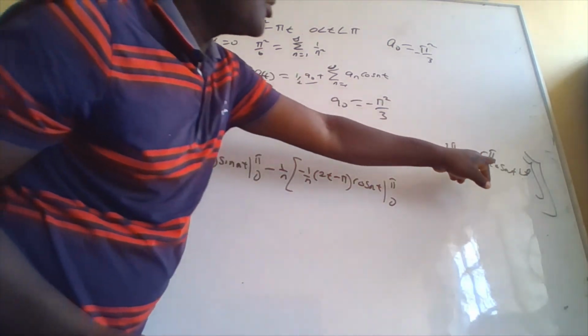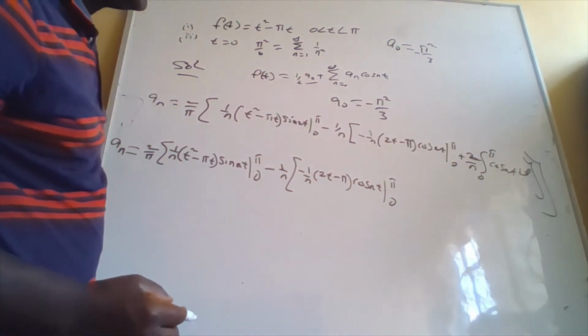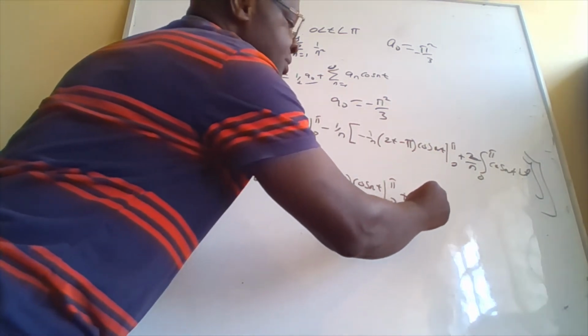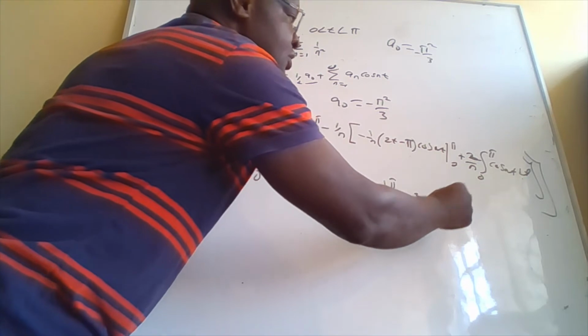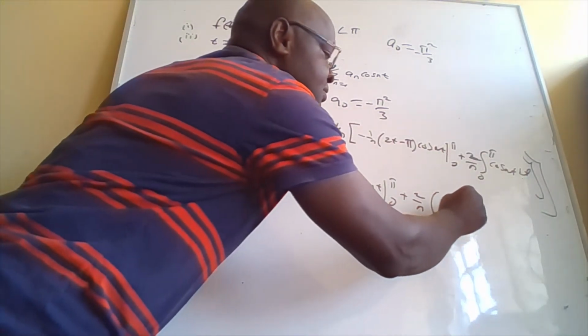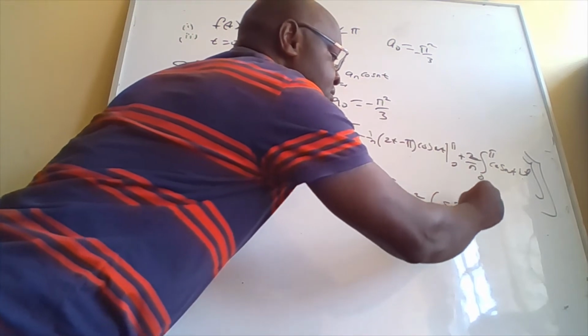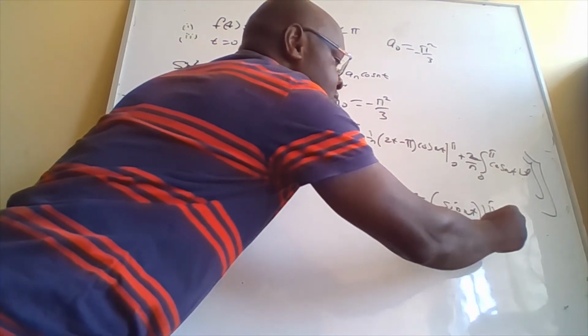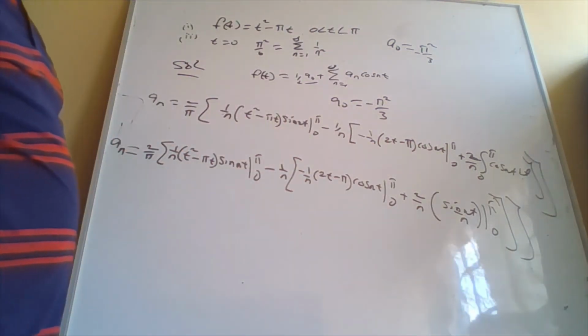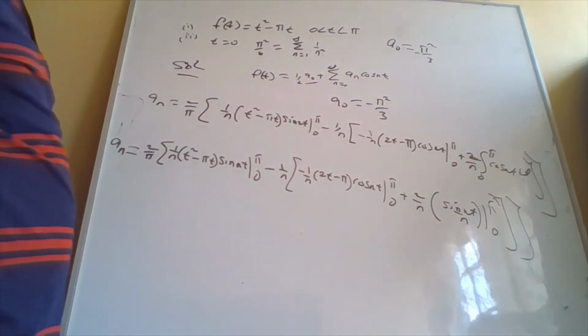Then when you integrate cos nt, you get sine nt all over n, so it will be plus 2 over n.